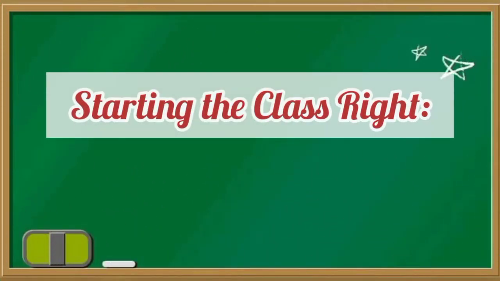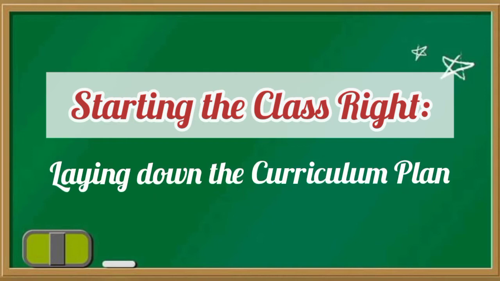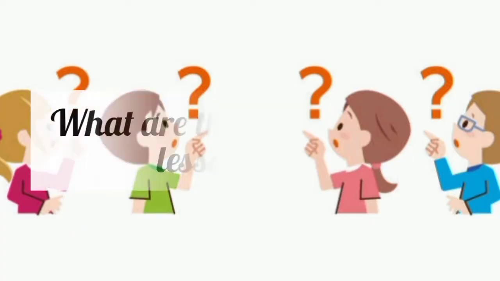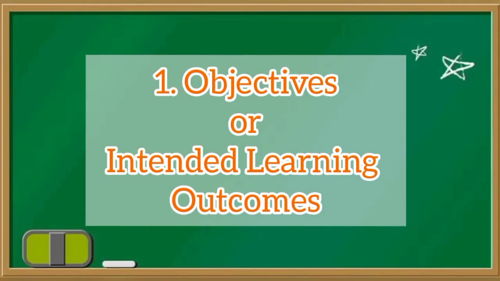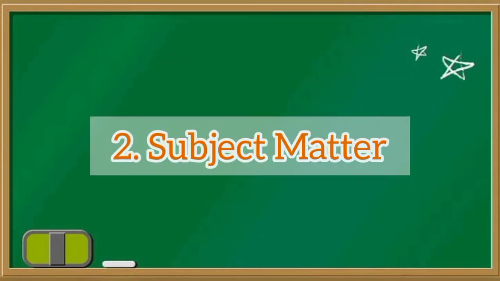Starting the class right, laying down the curriculum plan. So before the class begins every day, a teacher must have a written lesson plan. What are the main parts of a lesson plan? So the main parts of a lesson plan are: first, objectives or intended learning outcomes or ILO.